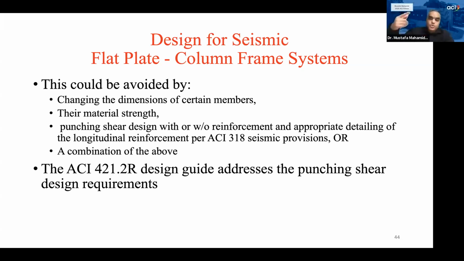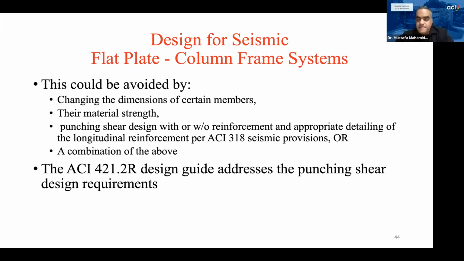So we could use a combination of all of them, not only changing one parameter to increase the strength. The ACI 421.2R design guide, the one that we talked about before is 421.1R, addresses the punching shear requirements for seismic, and that's related to the drifts.